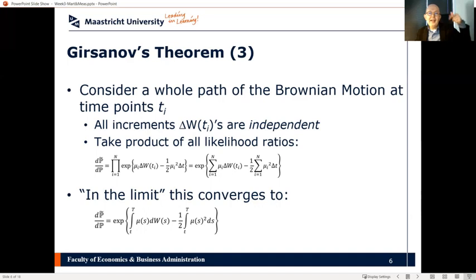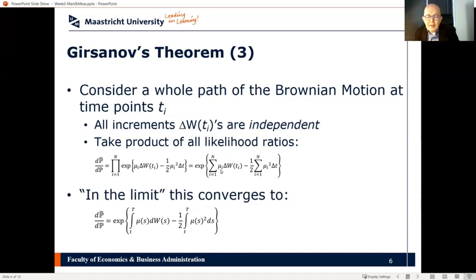So what is the likelihood ratio of a whole path? Well, that is the product of all those one-step likelihood ratios. And if I take a product of exponentials, I can take this product inside the exponential as a summation. So this becomes the exponential of the summation of all these steps.